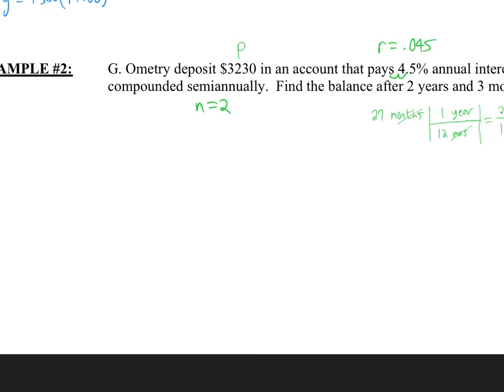So we're going to plug into the formula: y equals P times (1 plus r over n), all to the nt. So y equals, P is 3,230, times 1 plus 0.045, which is our r, all over n, which is 2, all to the n times t, which is 2 times 2.25.